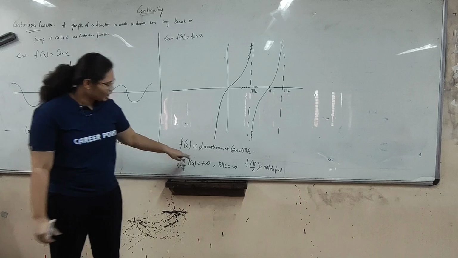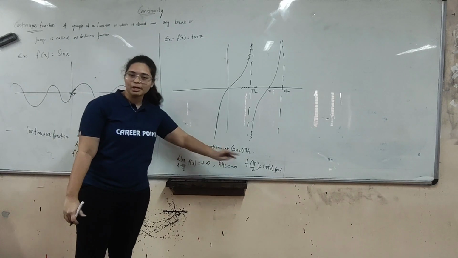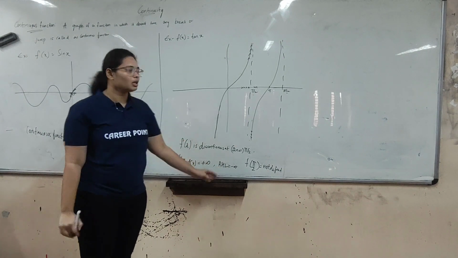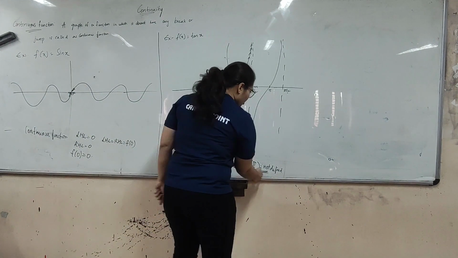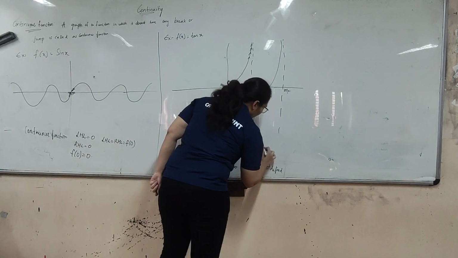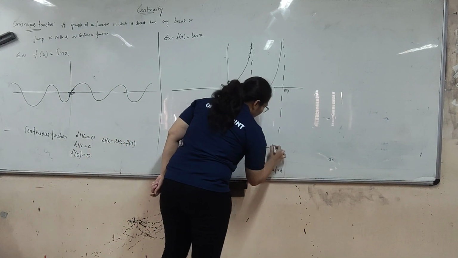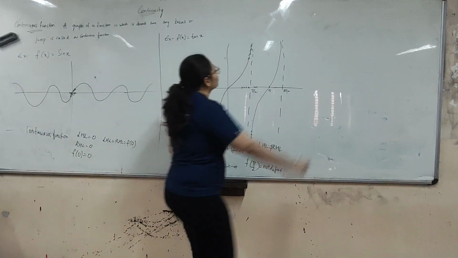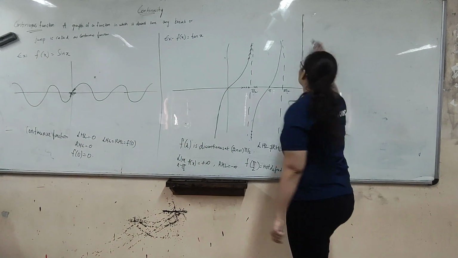So f of x is discontinuous at pi by 2, the limits LHL and RHL are not equal, and also f of pi by 2 is not defined. So LHL is not equal to RHL, right?